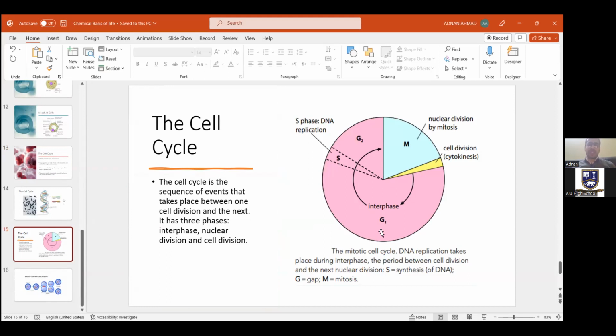Then it enters S phase, where the DNA is replicated. Then the cell enters the G2 phase, where the DNA is cross-checked for any malfunction. Okay, a broken DNA is fixed, and when the DNA is finally ready, the cell replicates and splits into two by the process called mitosis, and we call that M phase.